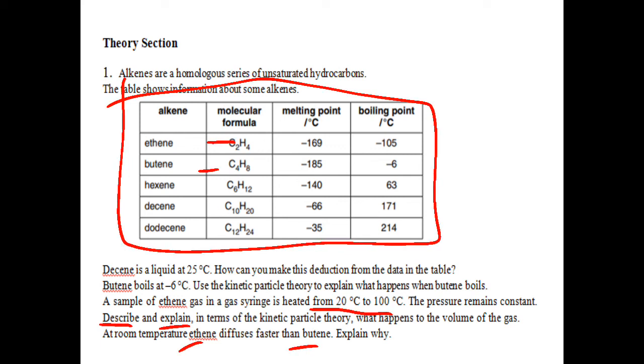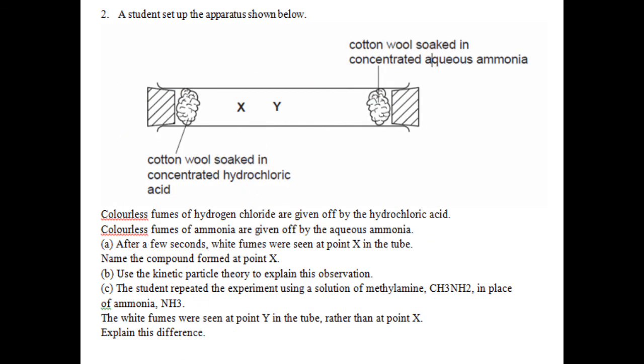Now the formula of ethene is C2H4 and the formula of butene is C4H8. Again, you have to compare their diffusion rates based on their molar masses. So just think deeply and apply kinetic particle theory to find the correct and precise answers of these questions.